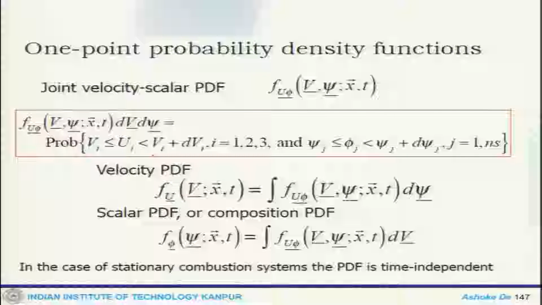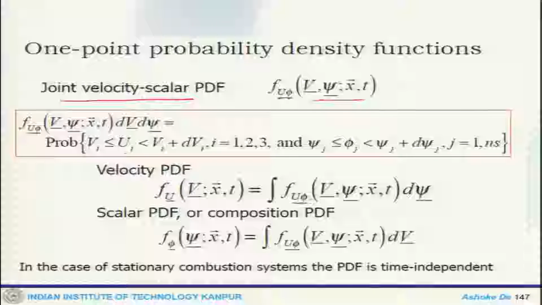So, the one point probability density function is how we define the joint velocity scalar PDF, where you have the velocity component and the scalar. This is how you define the PDF function. It is the probability of finding the velocity component between these limits and the scalar composition between these limits. Now, we can get back the pure velocity PDF if we integrate this joint PDF over the composition sample space.